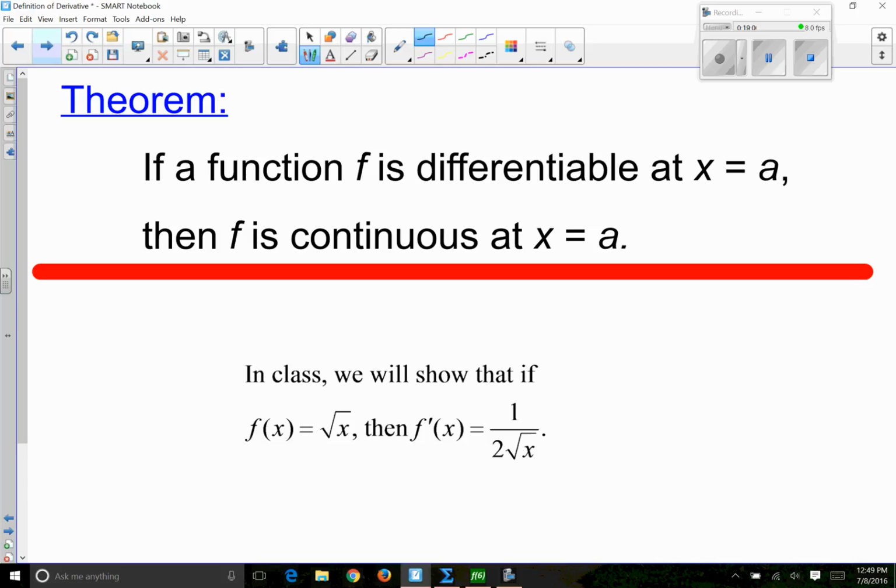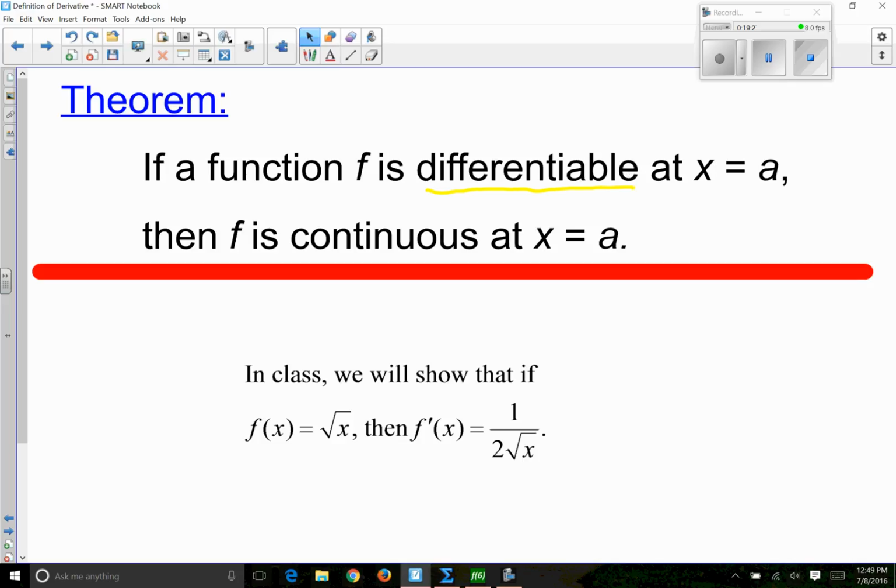If a function is differentiable, meaning possible to find the derivative at x equals a, then that function is continuous at x equals a. And we just showed in the last example, when a function is not continuous at x equals a, then it is not differentiable at x equals a.